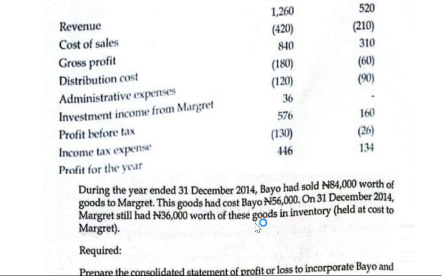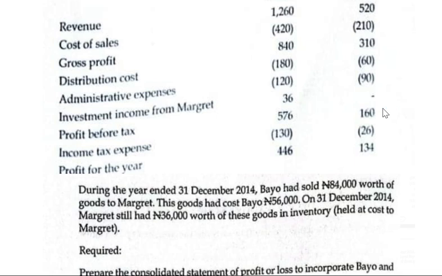Then the third one is for the profit for the year that you get. You have to attribute it, that is divide it between the group and the NCI. In other words, you have to determine the NCI from the profit made by the subsidiary. Then you deduct it from the consolidated profit for the year to get the group.